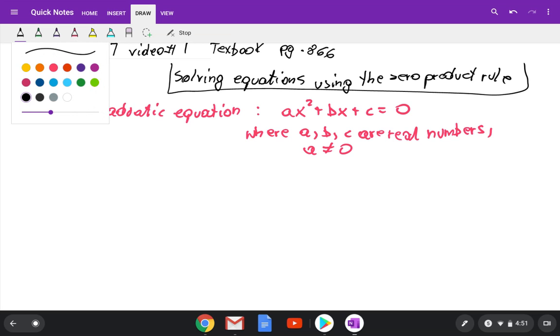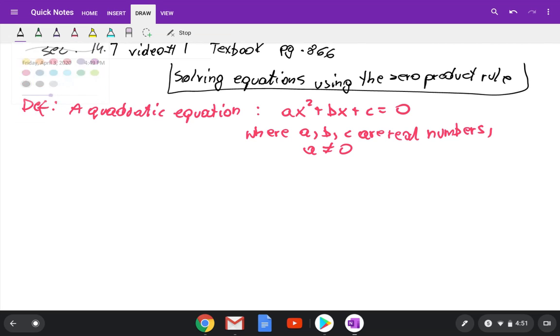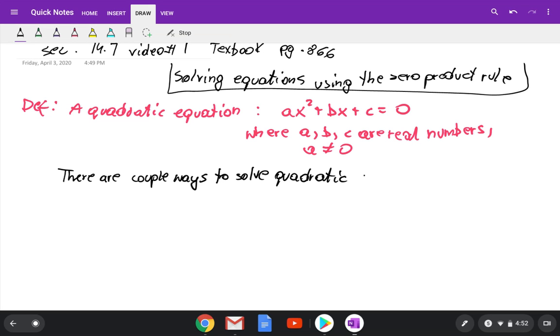Now, there are a couple ways to solve a quadratic equation. And one of them is the zero product rule.